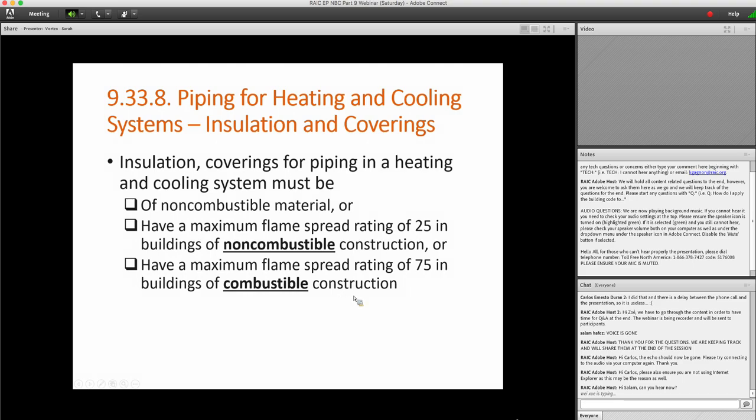Insulation and coverings for piping in a heating and cooling system must be of non-combustible material, or have a maximum flame spread rating of 25, where the building is required to be of non-combustible construction, or a maximum flame spread of 75 in a building of combustible construction.